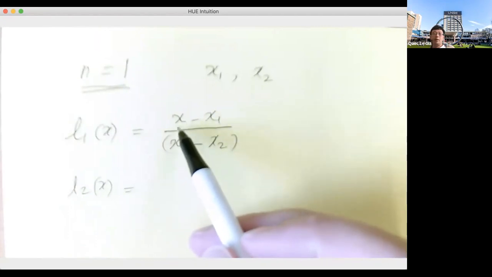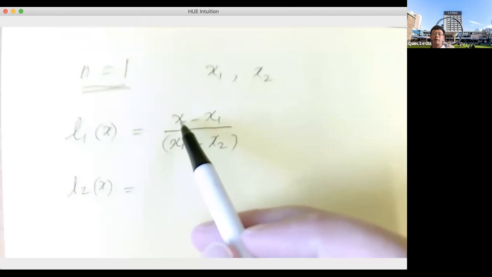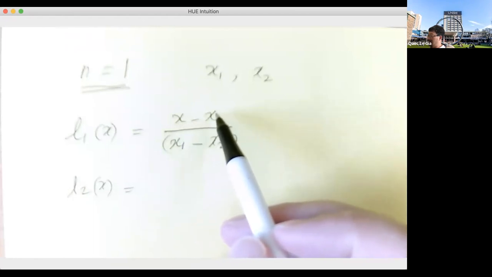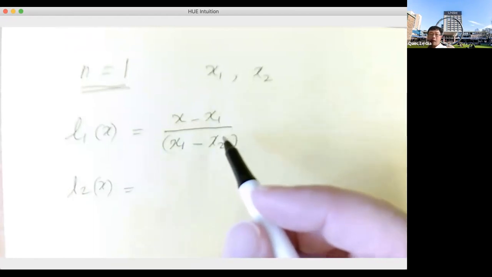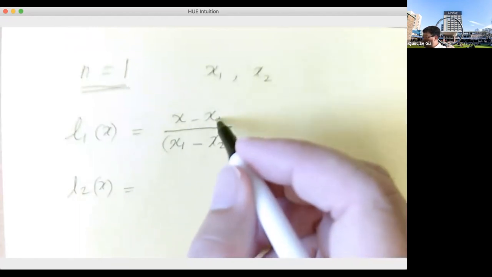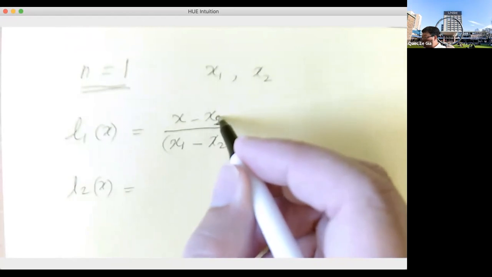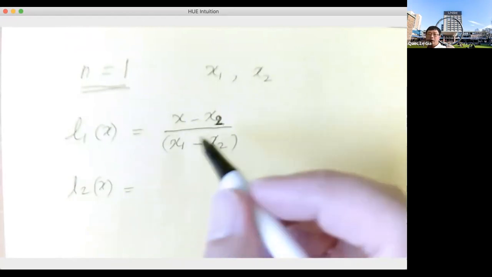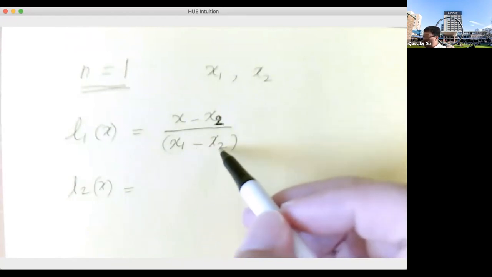Now you look at L1. Actually, sorry, the first one is not correct. It's x minus everything except the first one, so it should be x minus x2, over the first point minus the second point.